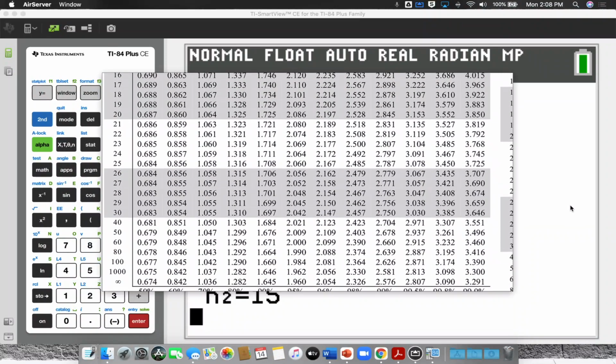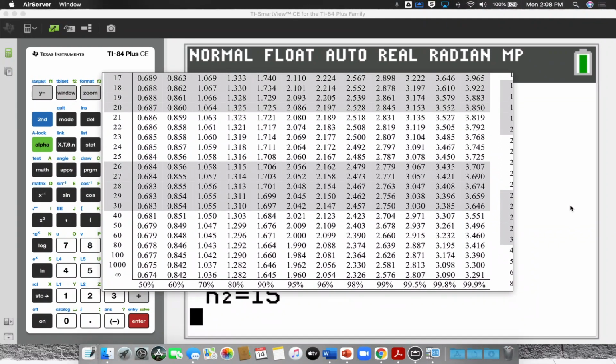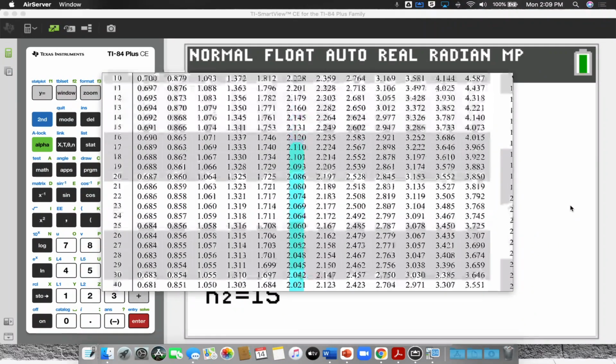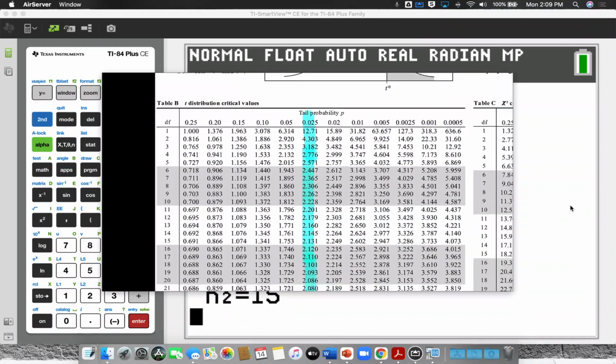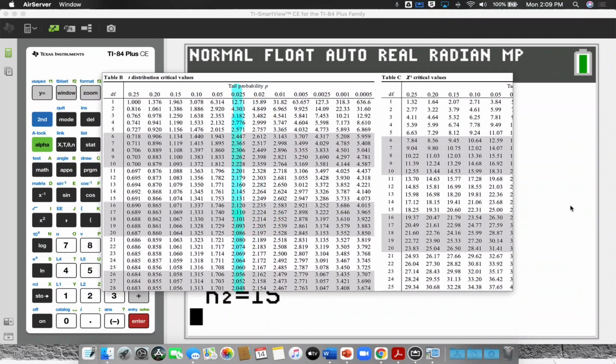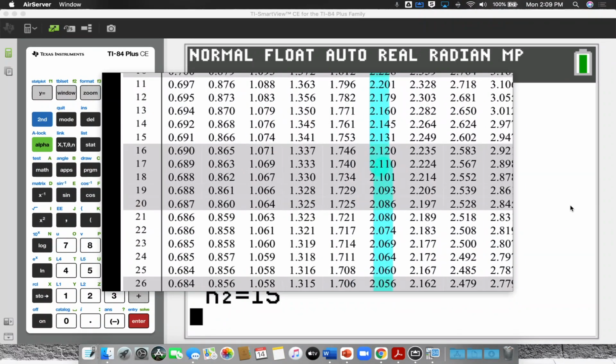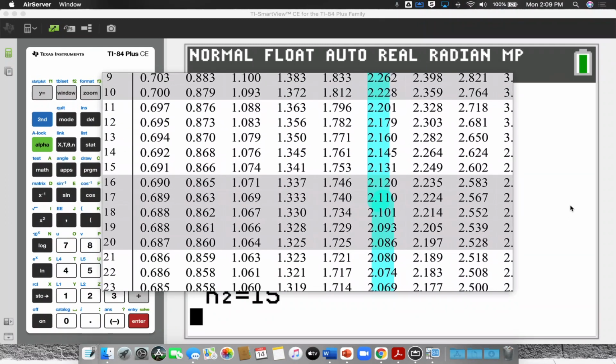So 95 is right here. That's a 95% confidence interval. Look at degrees of freedom of 20 versus degrees of freedom of 14. Degrees of freedom of 14 is the one we used. Degrees of freedom of 20 is right there.